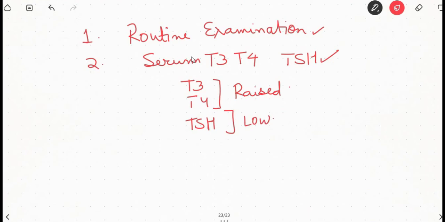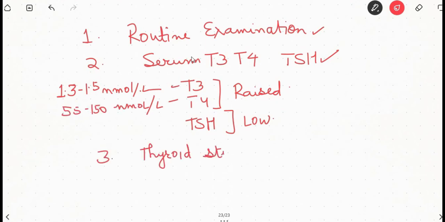So what is the normal level of T3? Remember, the normal level of T3 is 1.3 to 1.5 nmol per liter, and T4 is 55 to 150. The thyroid stimulating antibodies are high.